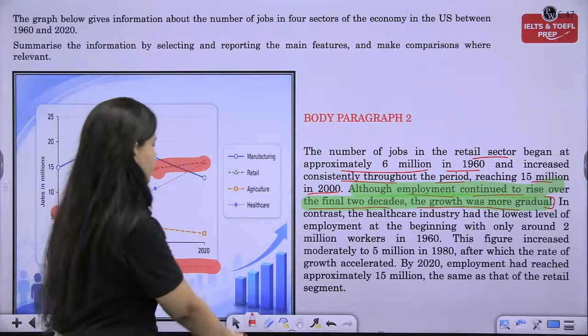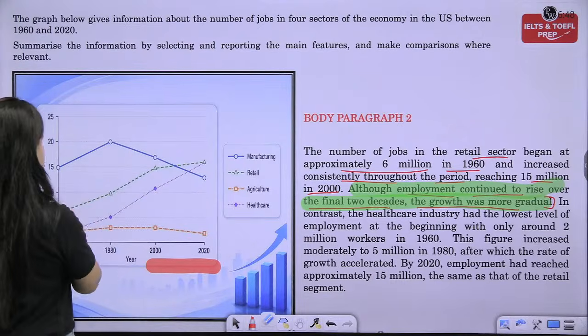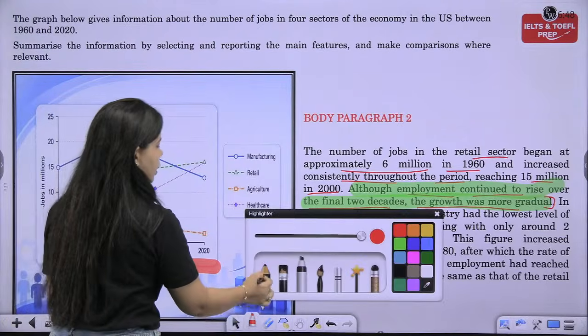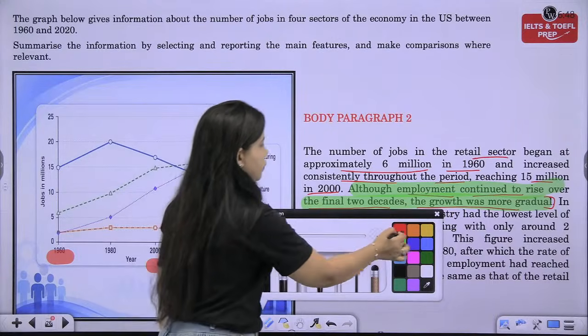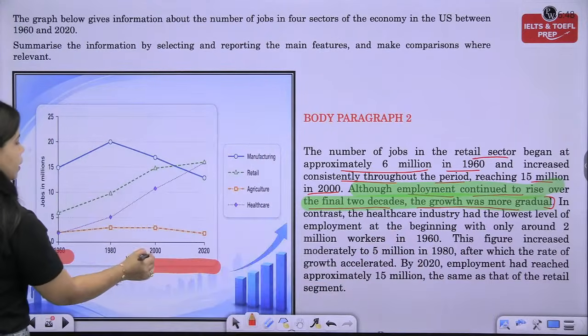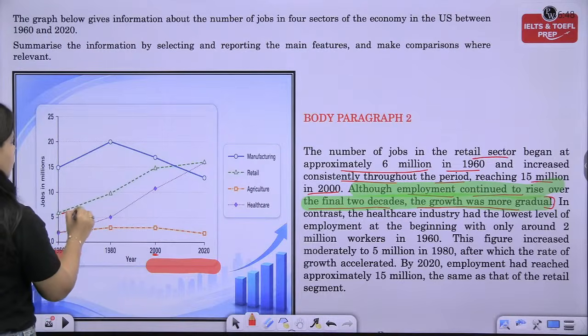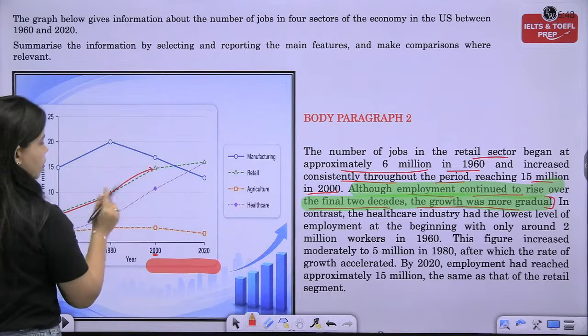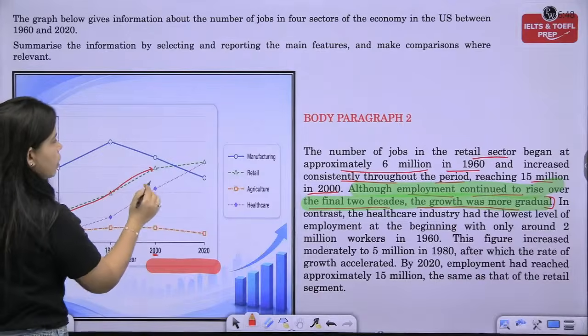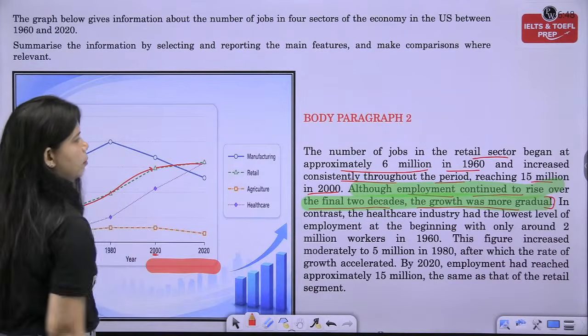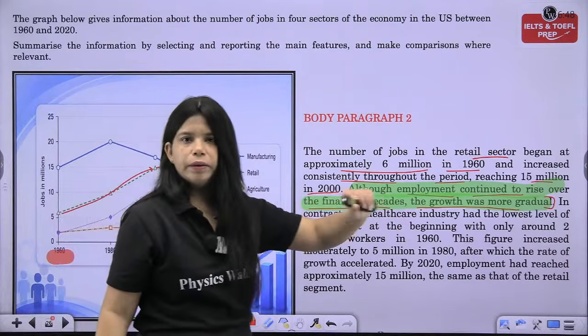If you can notice this. The increment became gradual. Here it is sharp. Till the year 2000, the increment is going at a fast pace. After 2000, it is still increasing, but now the increment has become gradual, and that's what I'm mentioning here.